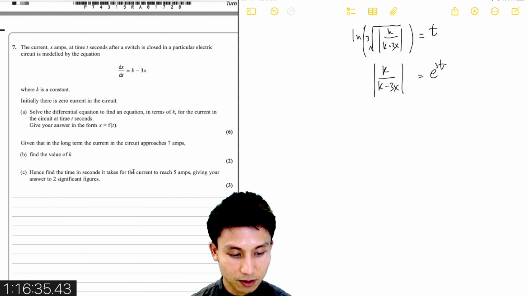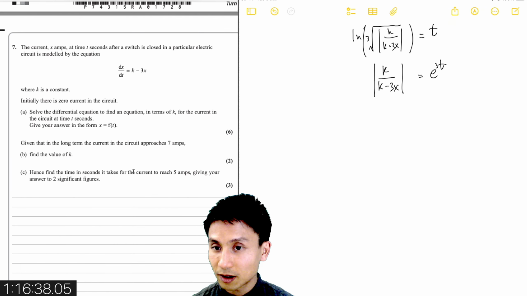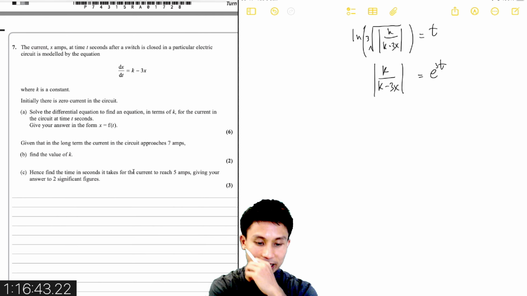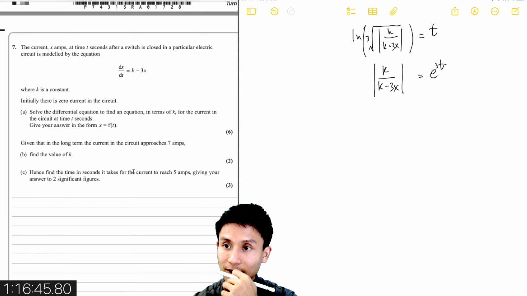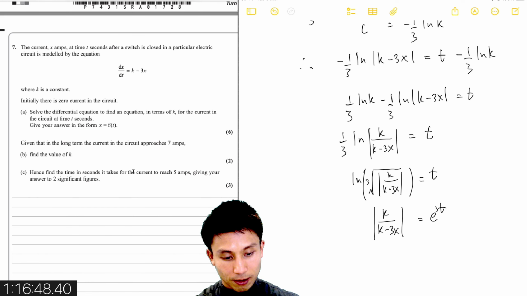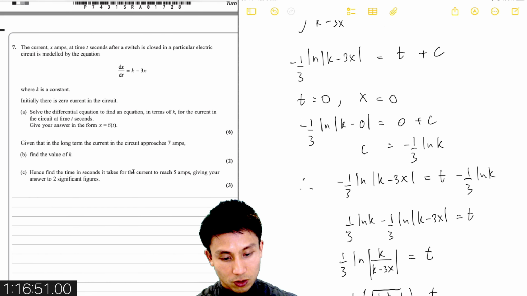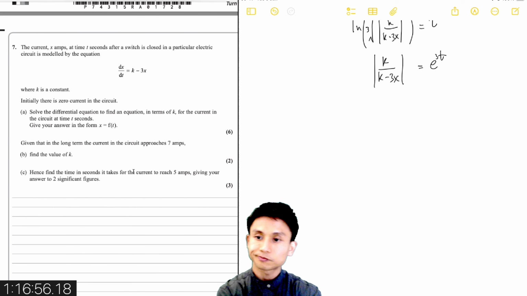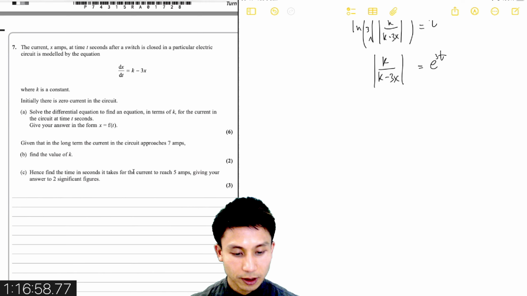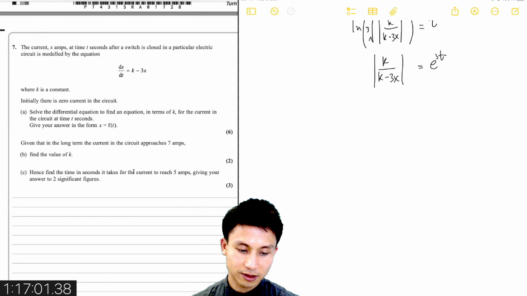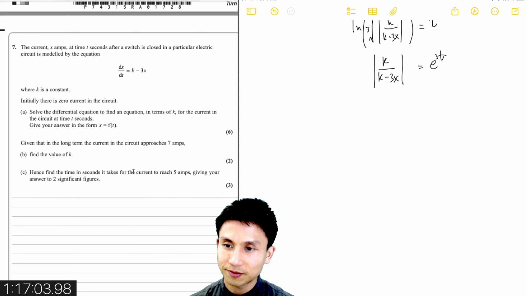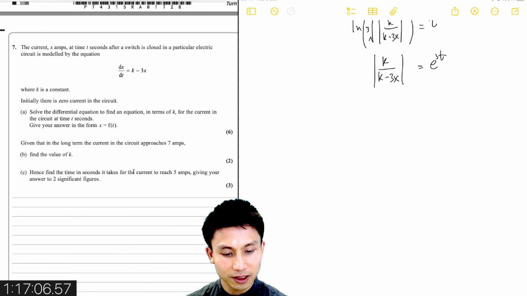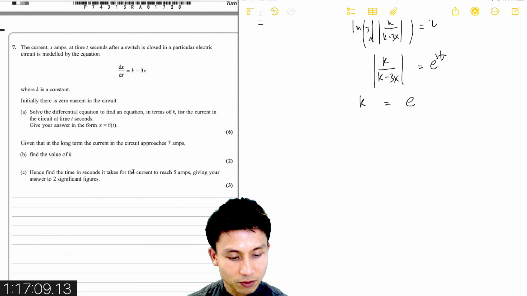So not done yet, but almost there. k is a constant. We can't really do anything to that, right? Okay, I'm just going to assume that we can cancel out the modulus sign here. So I'm going to have k, and then if I multiply that to the other side, I have k minus 3x here.